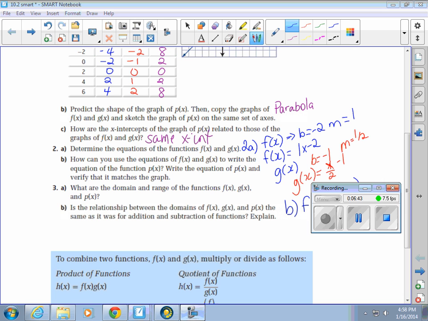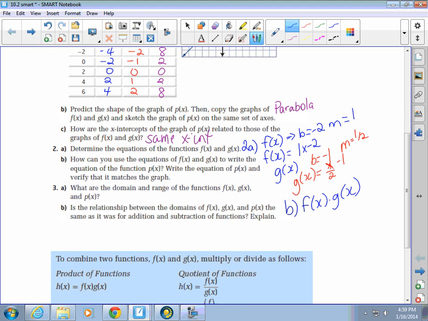I'm just going to pause for a second. Okay, so f(x) was x minus 2. g(x) was 1/2 x minus 1. So if I multiply these out, 1/2 x times x is 1/2 x squared. -2 times 1/2 x is negative x. And then x times -1 is -x. Sorry, where am I here? Lost my spot.